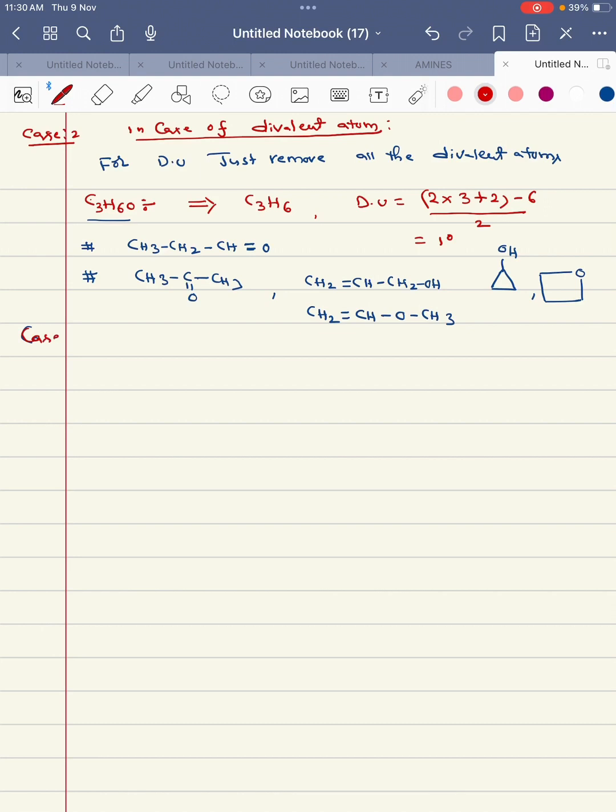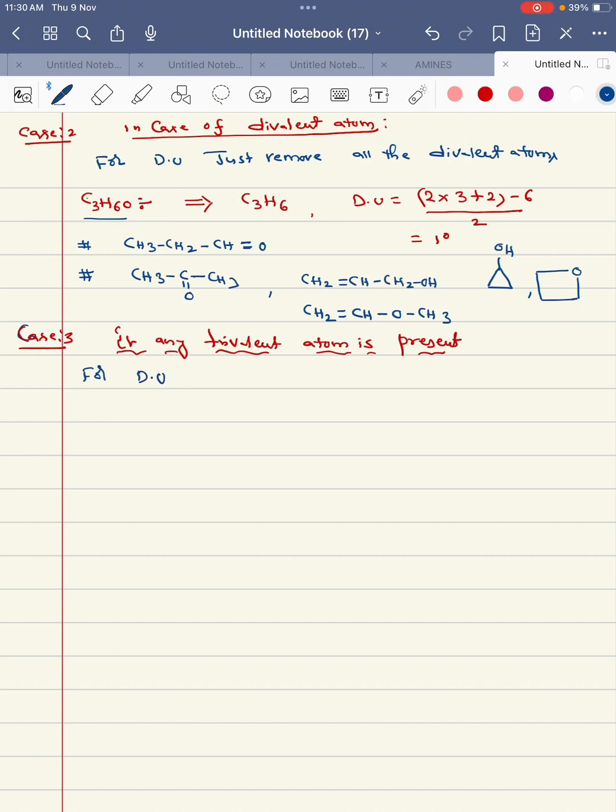Next, case 3. If any trivalent atom is present, for DU, remove all the trivalent atoms and also remove an equal number of hydrogen atoms.